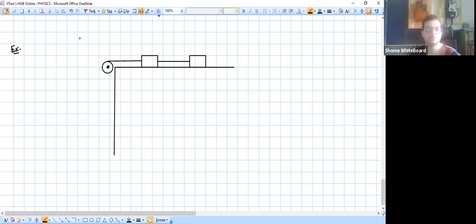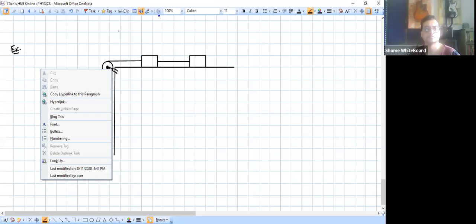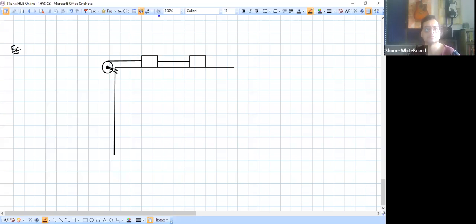So far we have discussed only fixed pulleys. We'll start discussing other types of pulleys later. And then the thread going around the pulley on the other side is used to suspend another block.